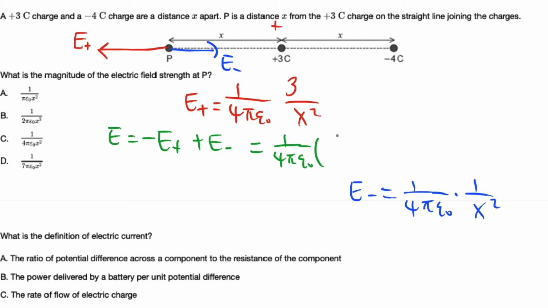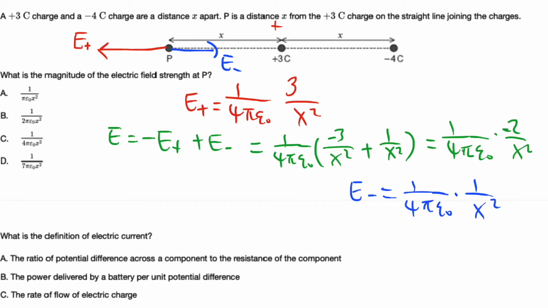times negative 3 over R squared plus 1 over R squared. So here is gonna be equal to 1/4 pi epsilon. Here should give us a value of negative 2 over R squared. So 2 and 2 cancels off.